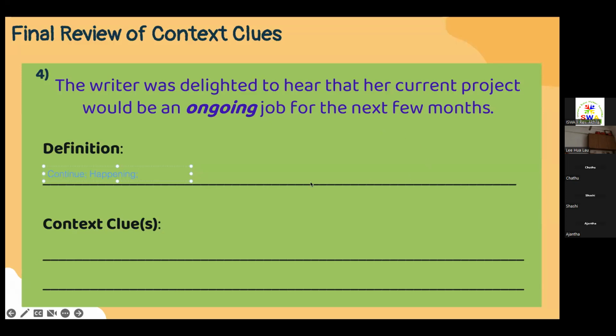What we have been discussing earlier is actually the root word and the affixes. So you split the word up correctly. So on, as in current, and going means continuing. So current and continuing. That is the meaning for ongoing, and the context clue being applied here is root word and affixes.